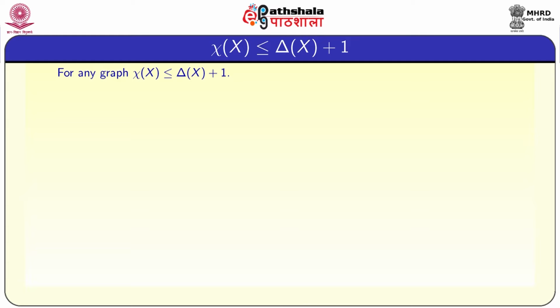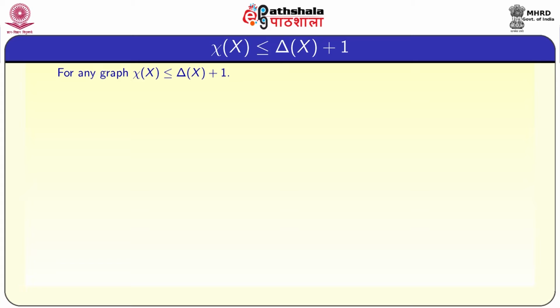In the complete graph, delta of X is n minus 1 and the chromatic number is equal to n, so we have equality. One can also check that this holds for cycles with an odd number of vertices, that is C3, C5. Now try to find out whether there are any others or only these two. It is a nice problem to explore.